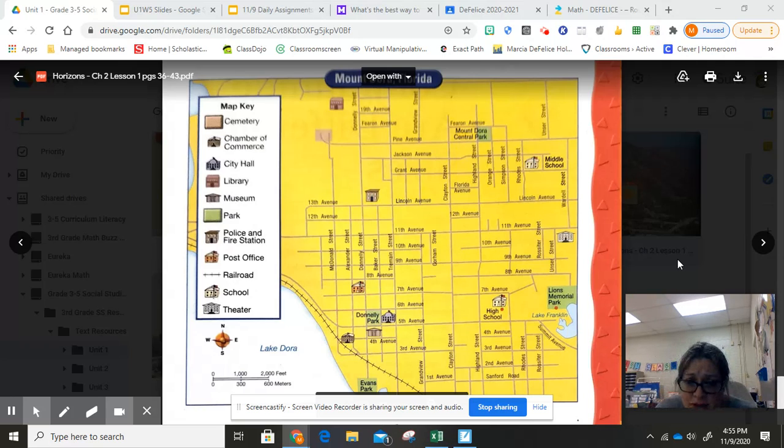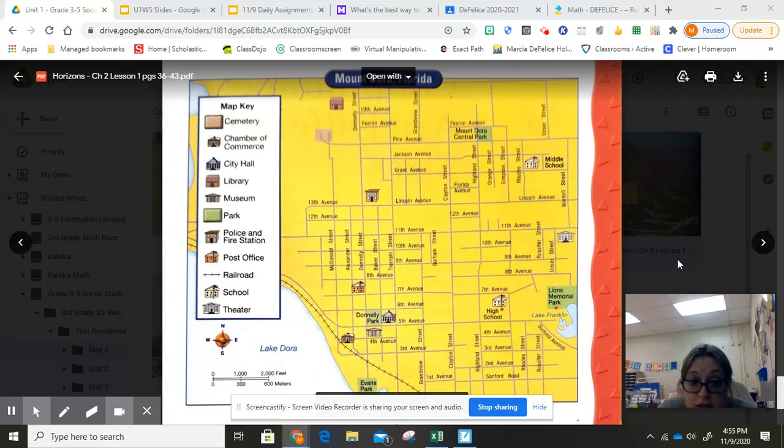All right, and who can tell me which street the police and fire station is located on? Let me find something. So find the symbol for the police and fire station. Now find where that is on the map.